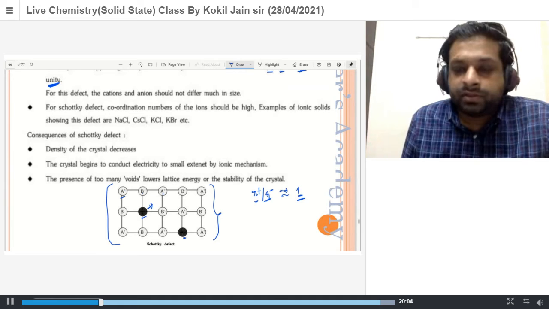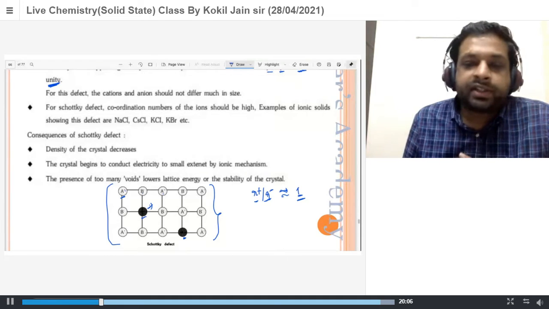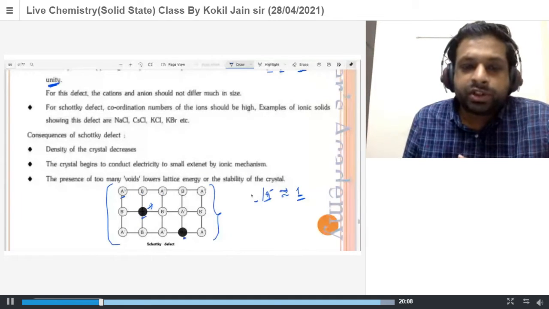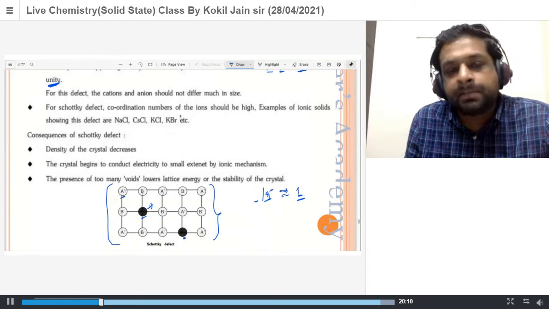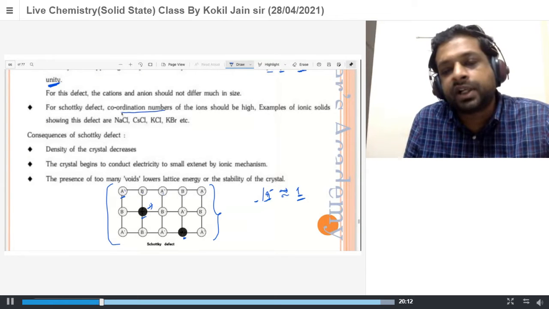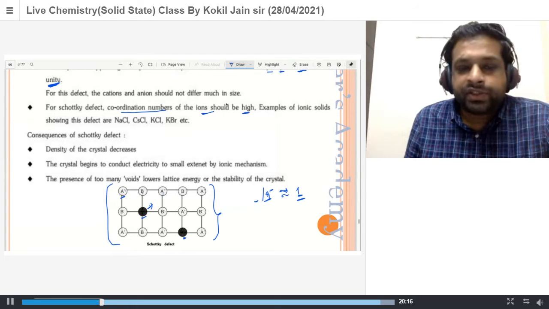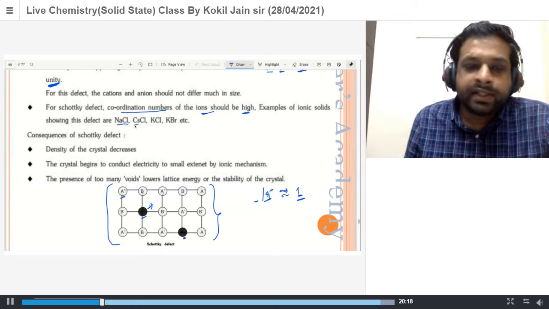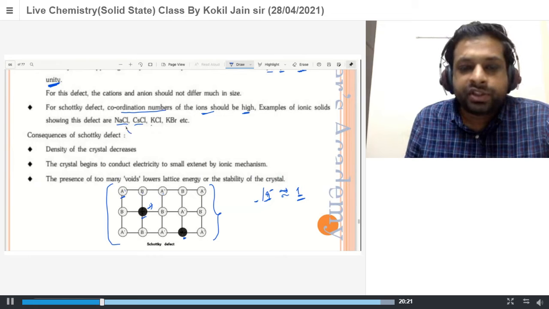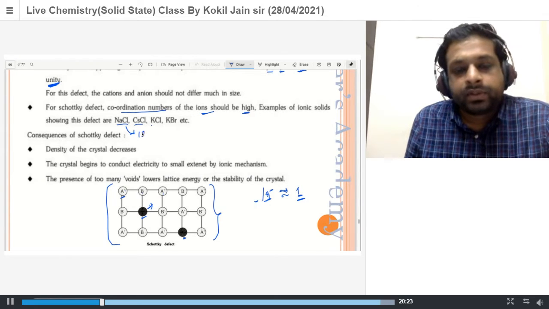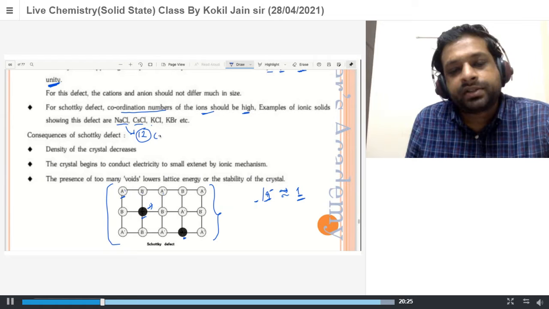Second thing about the Schottky defect is it is generally found in those compounds where the coordination number of the ions is high. Now see, in case of NaCl, what was the coordination number? 12, right? FCC type of lattice.